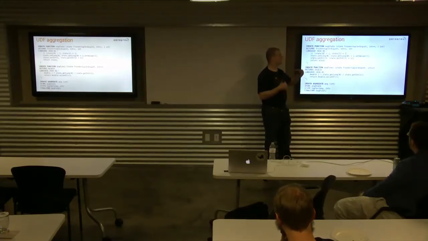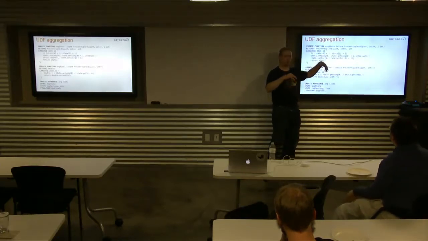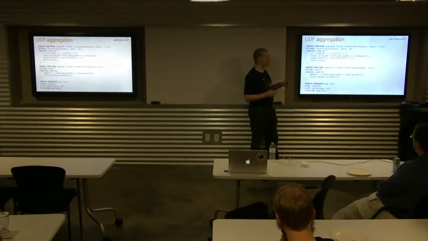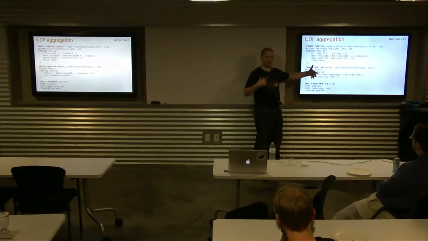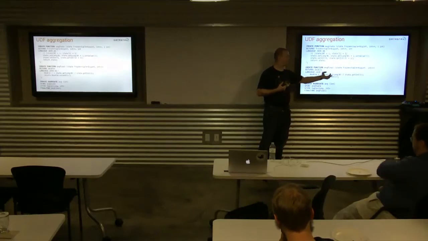So state is this Cassandra tuple object, and I'm using set long, get long to pull those values out and put them back into the mutated state. Then once I've aggregated those values together into this state, I've got my final function to turn that into the actual average, and all I do there is take the first part of the state, divide it by the second part, and return that.